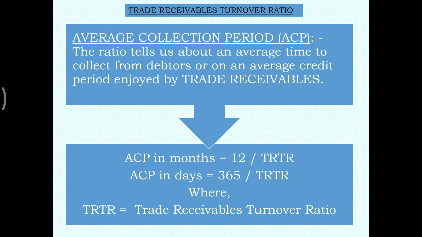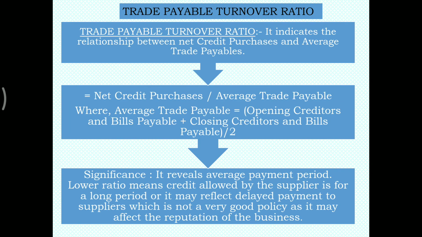Okay, now come to the next. We have trade payable turnover ratio. It shows the relationship between credit purchase and average trade payables. Always net credit purchase will be taken into account. And what is net credit purchase?